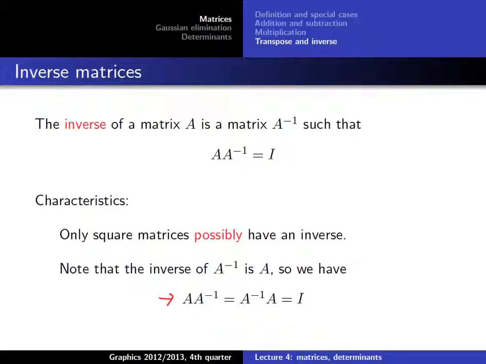But we also see from this equation that this only works for square matrices, and it is not always possible to define an inverse of another matrix. So if we have a matrix, there are situations where we cannot find another matrix that, multiplied with that one, will lead to the identity matrix.